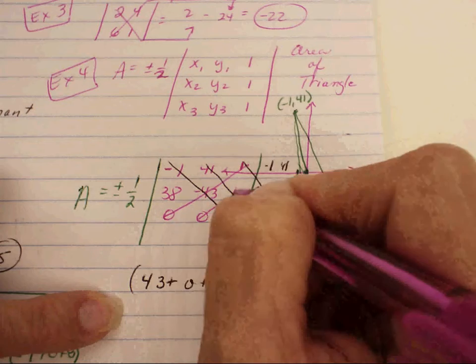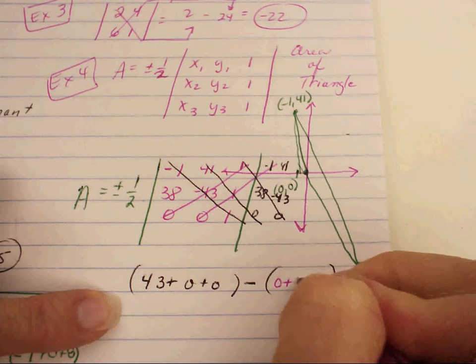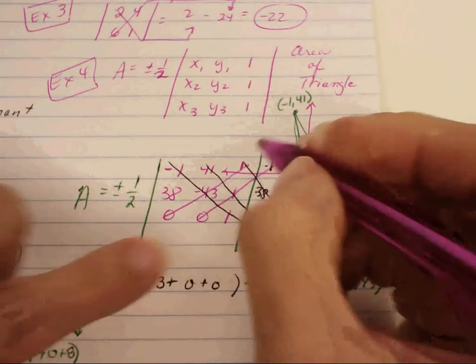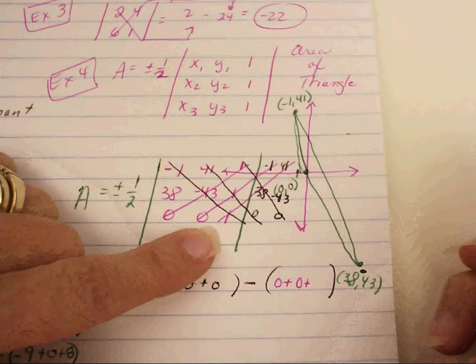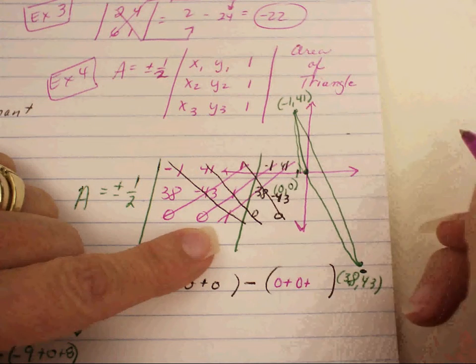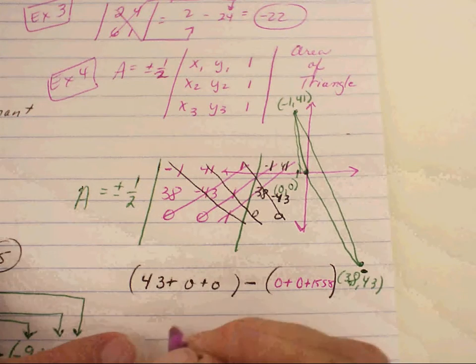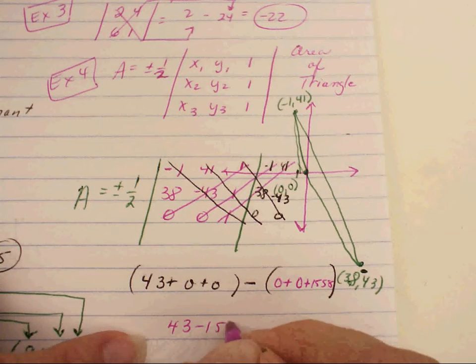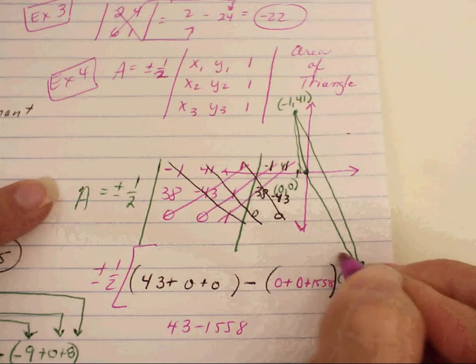Now, what do we do first? We're going to take our diagonal. And what do I get from that diagonal? 43. What is very nice about the next two diagonals? They have 0. So 0 plus 0. Do you agree with me that it's 43 plus 0 plus 0?